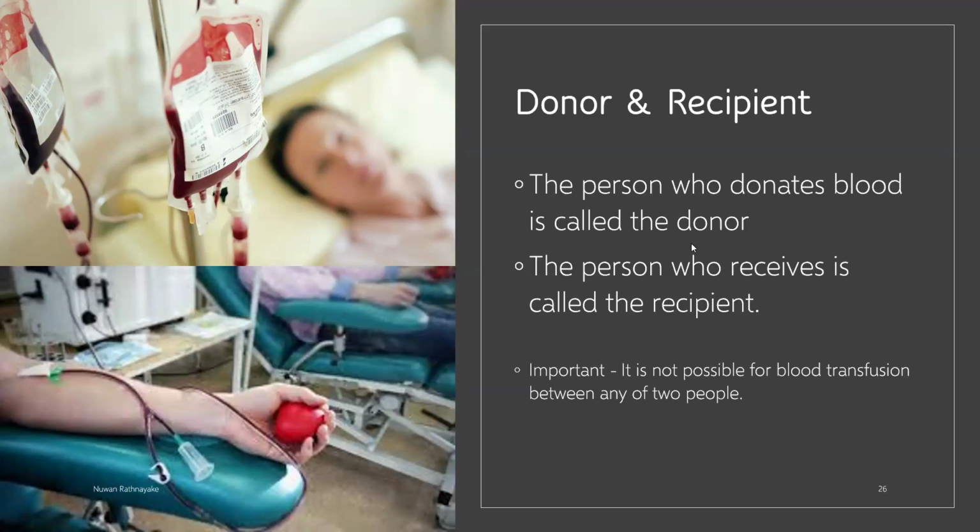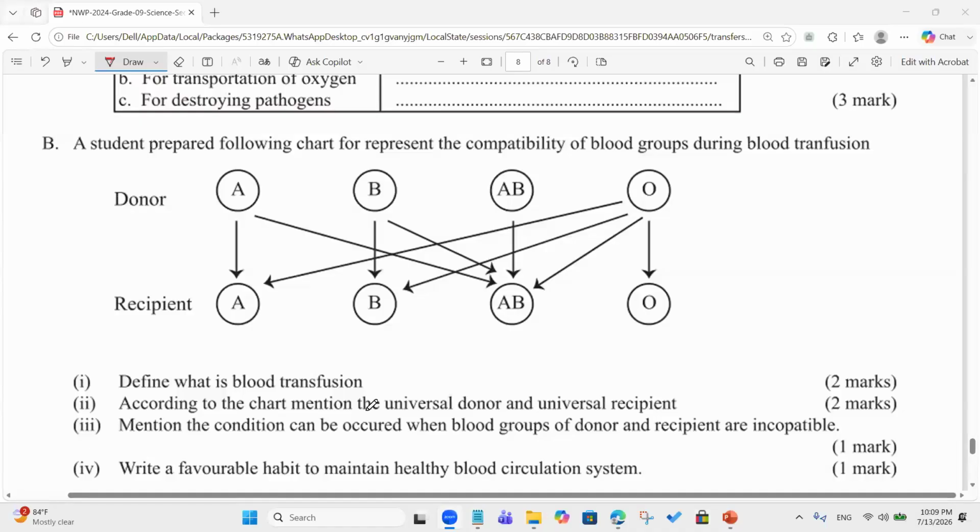If he can receive blood from anyone, he is the universal recipient, right? So here, can you tell me the universal donor? It is O, right? O can donate blood to anyone, see? And who is the recipient? AB. AB is the recipient. Good.